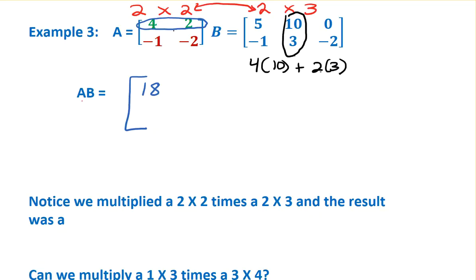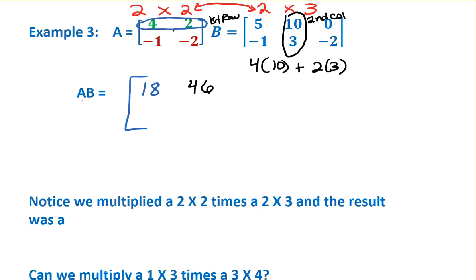So we'll have a 40 plus 6, and we're in the first row, second column. So we were multiplying the first row and the second column, and that's where I put my answer, in the first row of our answer in the second column position.